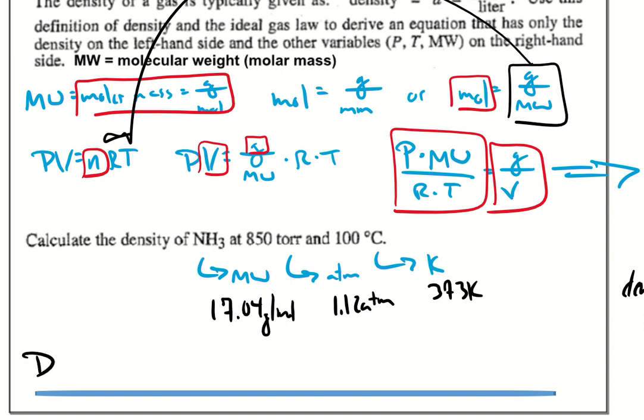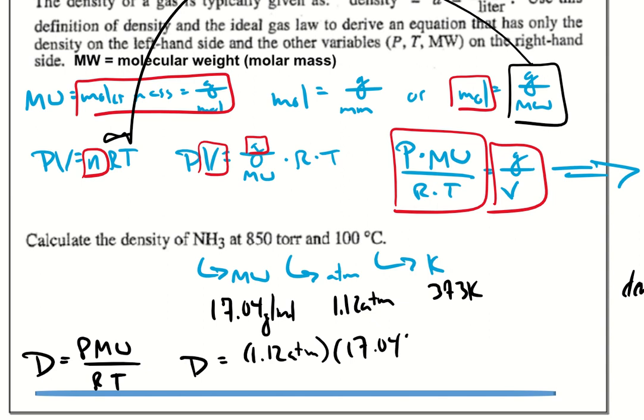Now we can use our density equation. Density equals pressure times molecular weight over the gas constant times the temperature, and we solve for the density of this ammonia gas. Our pressure is 1.12 atm. Our molecular weight is 17.04 grams per mole. The gas constant, 0.08206 atmosphere liters over moles Kelvin.